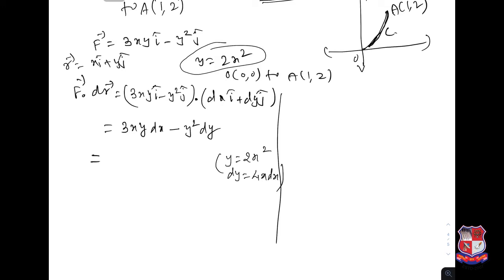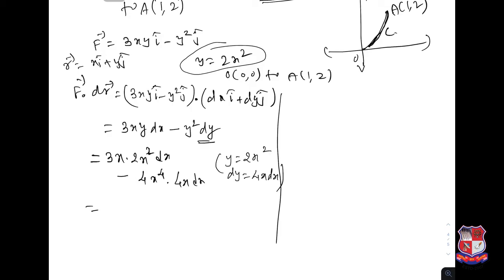So this is equal to 3x, and now y equal to 2x square, dx minus y square, so it is 4x power 4, and now dy is also 4x dx.